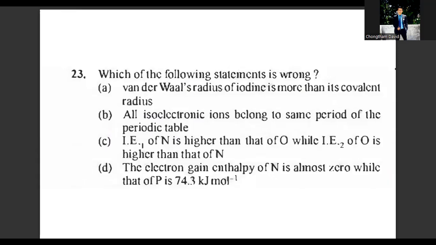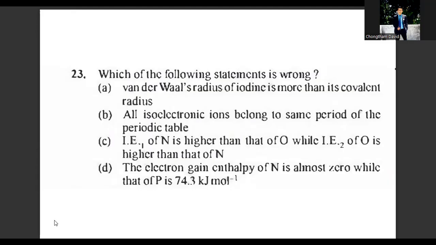Which of the following statements is wrong? Van der Waals radius of iodine is more than its covalent radius. All isoelectronic ions belong to the same period. First ionization enthalpy of nitrogen is higher than that of oxygen, while the second is higher than that of nitrogen, reverse. The electron gain enthalpy of nitrogen is almost zero, while that of phosphorus is 74.3.